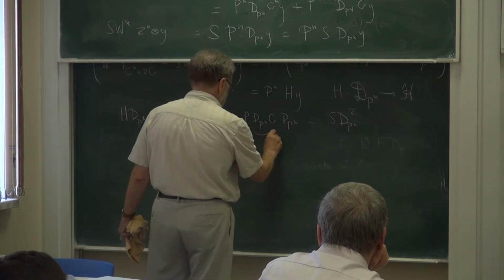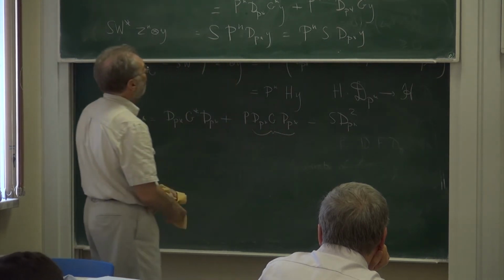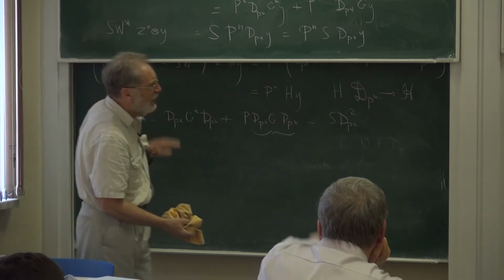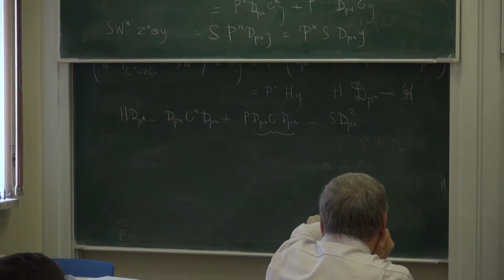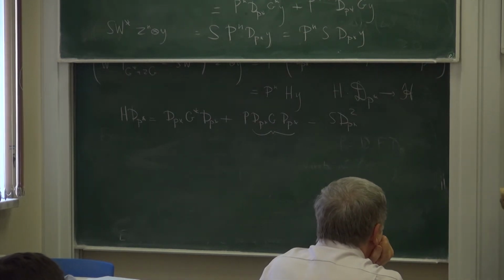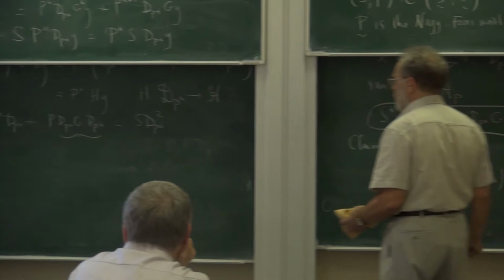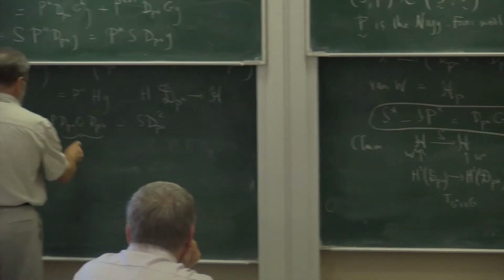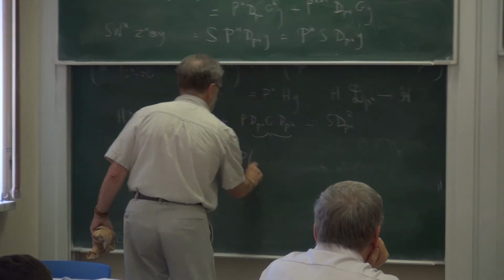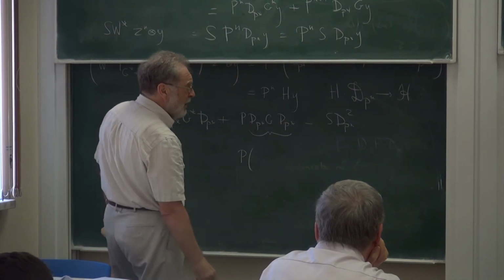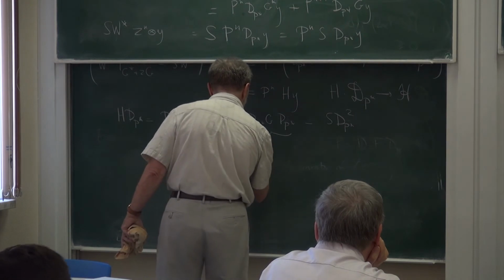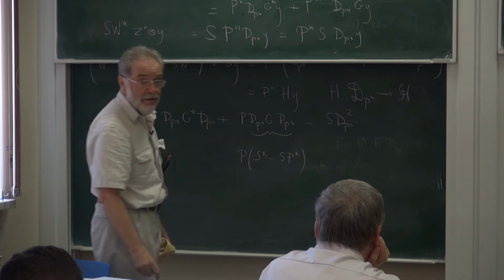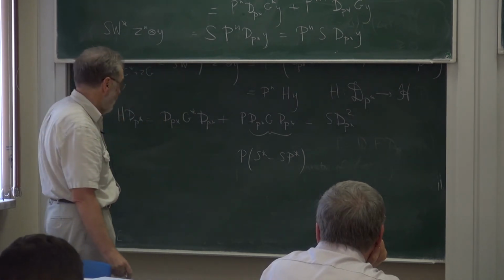Now where's my definition of, here, yeah, now I want to use this. So this term here is P times S star minus SP star by the definition of the fundamental operator.